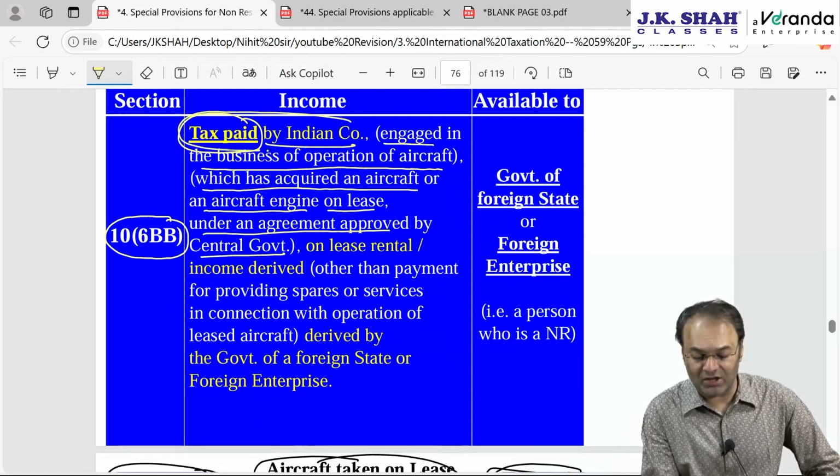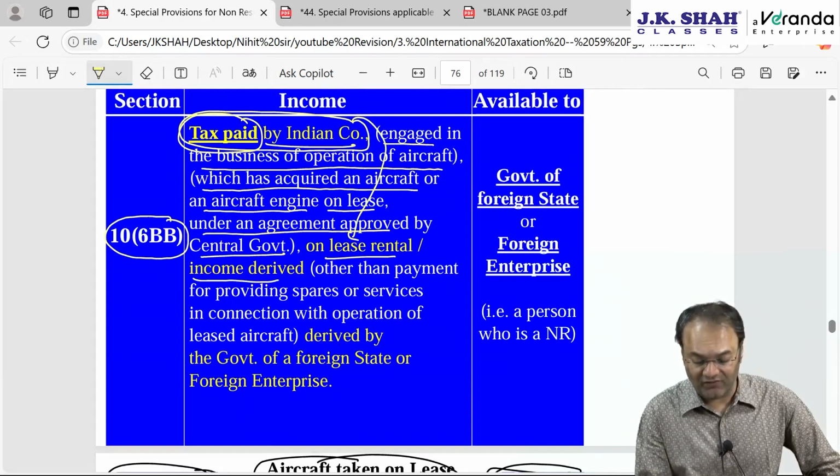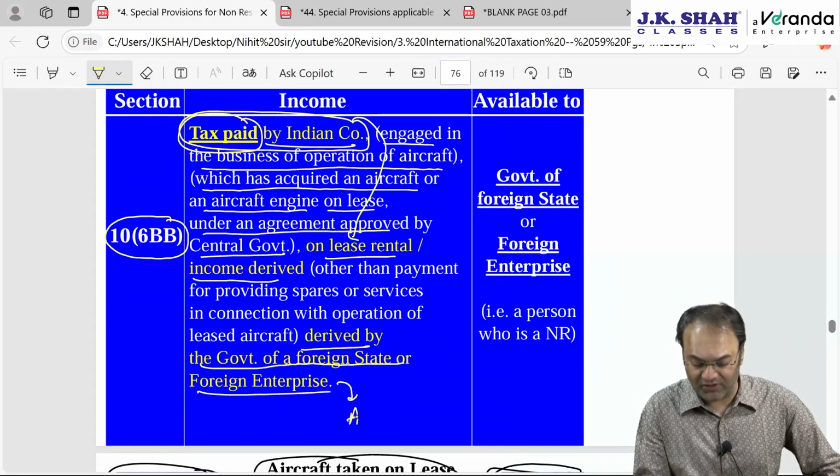Tax paid by the Indian company on what? Tax paid by the Indian company on the lease rental income derived by the government of a foreign state or such foreign enterprise. We took the example of a foreign enterprise. In our example, the foreign enterprise was Airbus. It could be a foreign enterprise or the government of a foreign state.